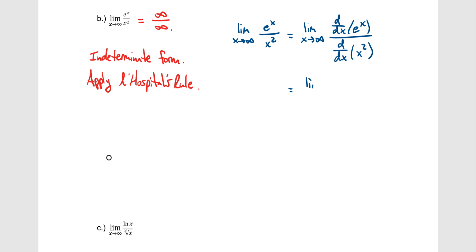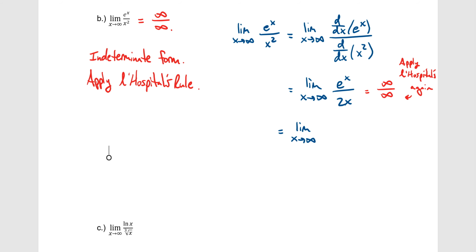So we go ahead and we take the derivative of the numerator. The derivative of e to the x is e to the x. The derivative of x squared is 2x. And the issue for this is that if we try to do direct substitution, we get infinity over infinity again. So we need to apply L'Hospital's rule again, and we do the derivative of e to the x.